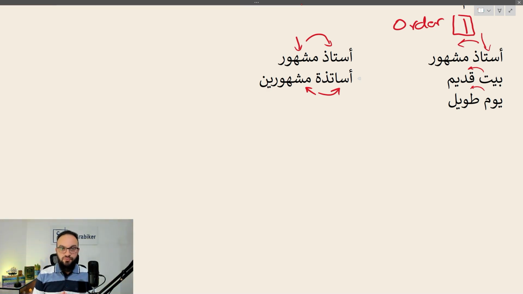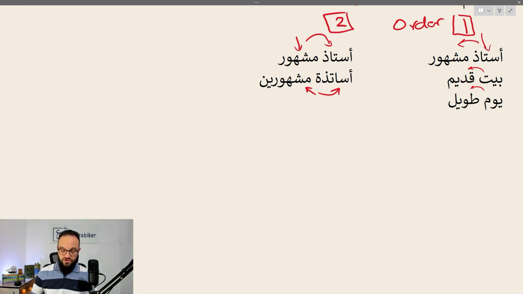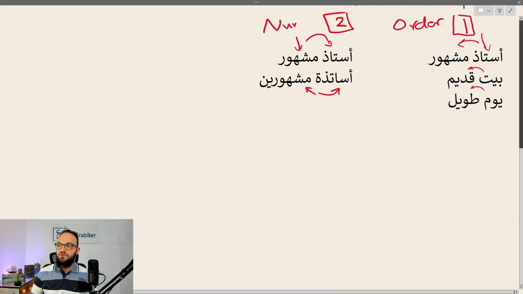And if the noun is plural, the adjective must be plural. If the noun is dual, the adjective must be dual. But in this basic Arabic series, we will not touch upon the dual form in Arabic. Let's call this second aspect that I want you to consider when constructing noun adjective phrases number agreement.